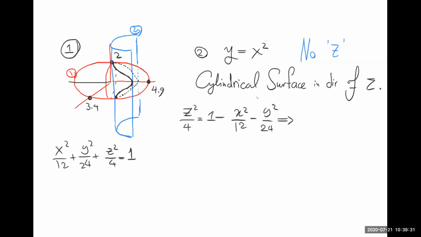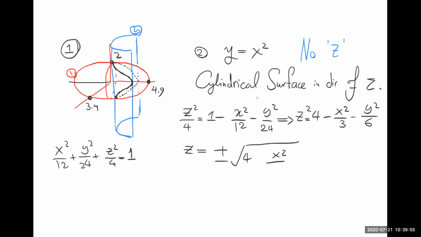If I multiply everything by 4, z squared would be 4 minus x squared over 3 minus y squared over 6, right? Therefore, z would be plus or minus the square root of 4 minus x squared over 3 minus y squared over 6. This is the equation we have here for z if I try to isolate z.